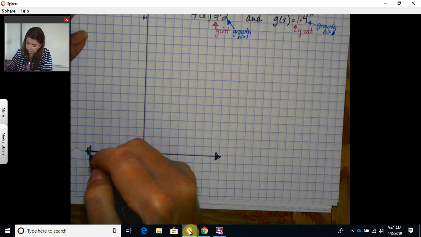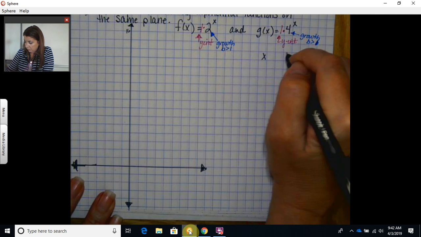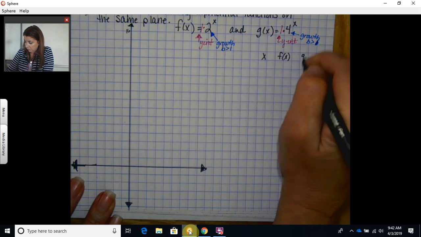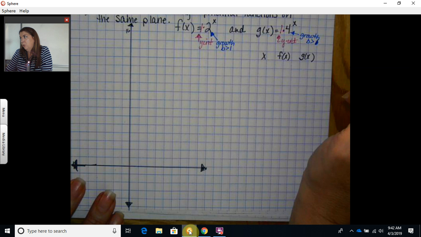And I'm going to go ahead and put my little table of values over to the right. And I'm choosing my own values of x: -2, -1, 0, 1, and 2. If I want more values, I can choose more values. That's just a good starting point. Some negatives, 0, and positives, but I can add more to it, okay?